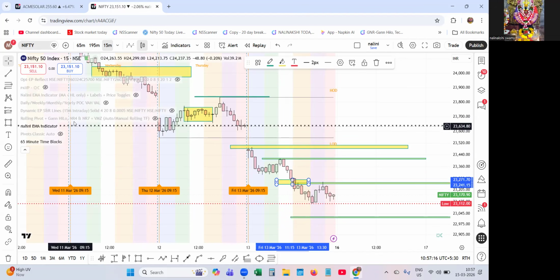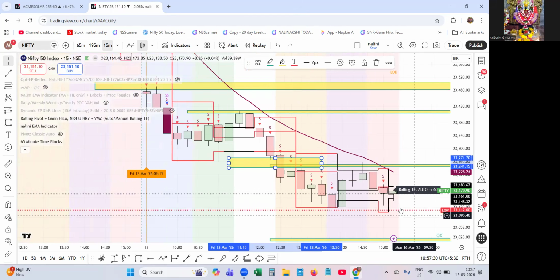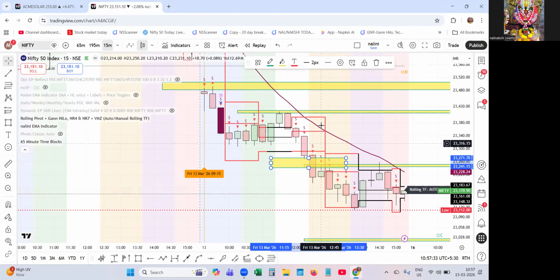See, if I enable the rolling pivot, even though price went sideways, I had already explained how the rolling pivot will tell you, but with the mid-time cycle, it is the limiting hourly time and the range.